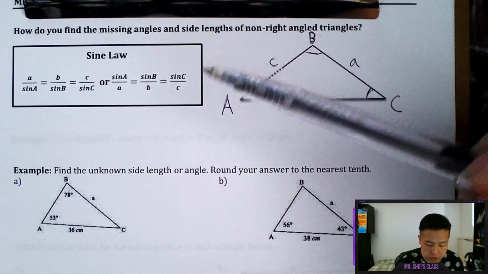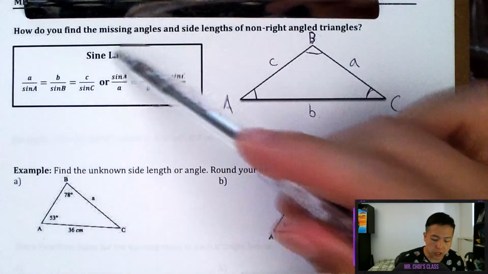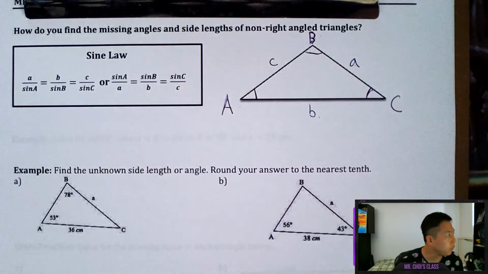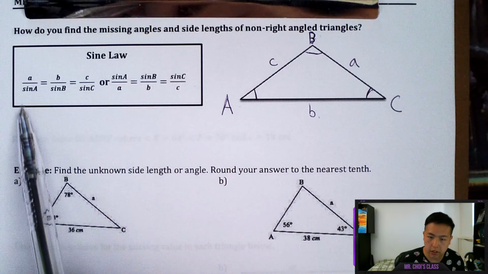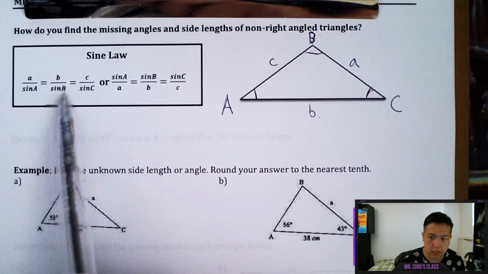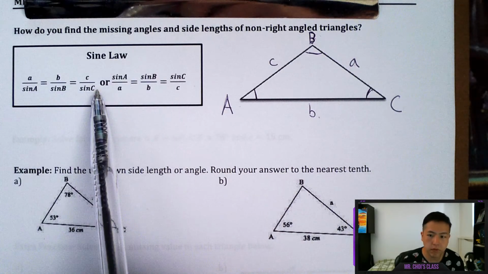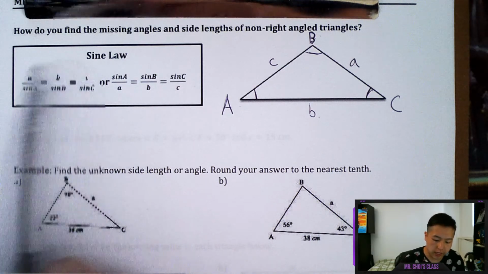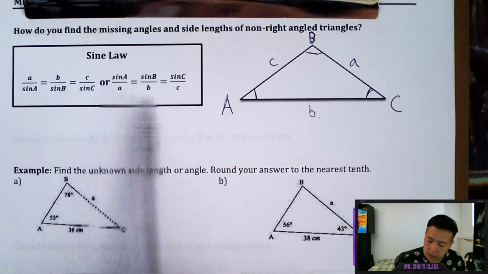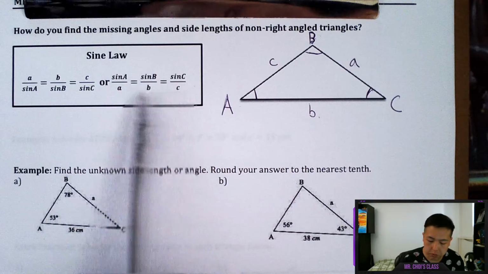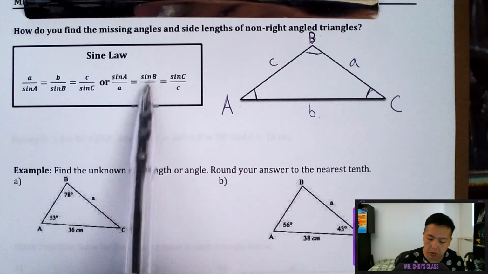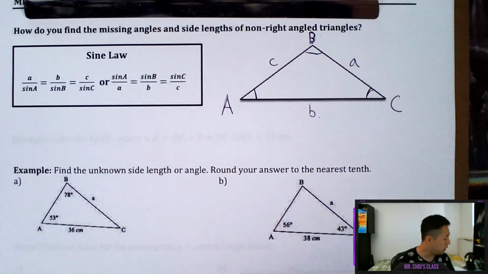Today with the sine law, we're working with this formula. You'll see three ratios: a over sine A is equal to b over sine B is equal to c over sine C. That's your first one. The second one, you'll notice all the ratios are flipped: sine A over a equals sine B over b equals sine C over c.